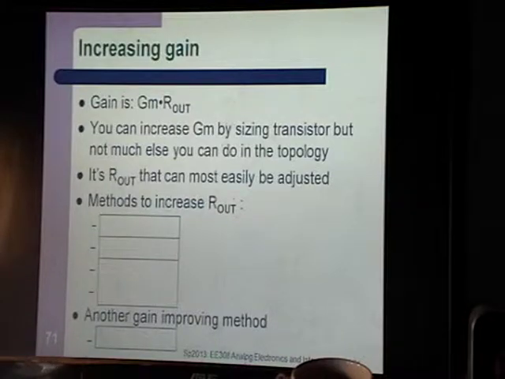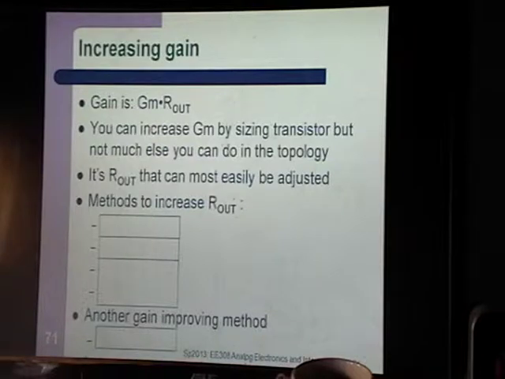We started with a common emitter and a resistive load, and to increase the gain we increased that resistance. But there's a limit, because if you increase the resistor too far, the transistor gets put into linear.